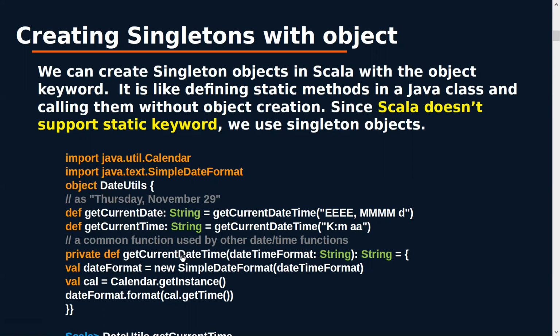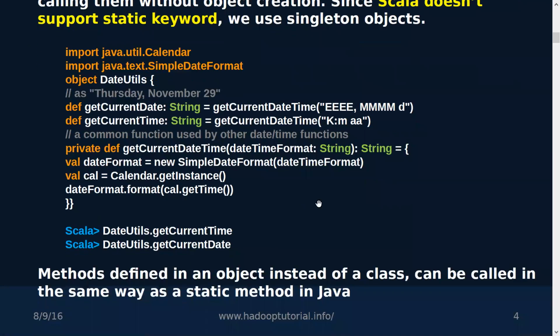Anything that you declare inside this is accessed like a static method or field: object name dot method name, object name dot field name.